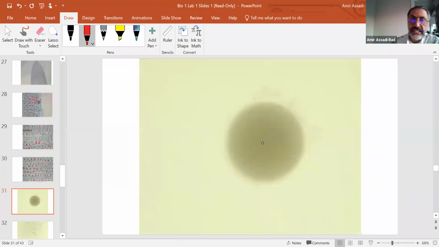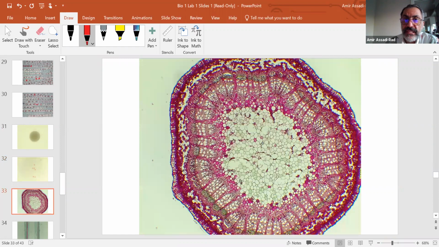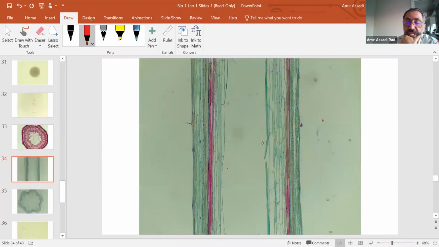Okay, unfertilized egg, fertilized egg of starfish, fertilized egg of starfish, unfertilized egg of starfish. This is Tilia stem. So it's a plant, kingdom plant, eukaryotic cell. This is the stem again, the longitudinal cut.